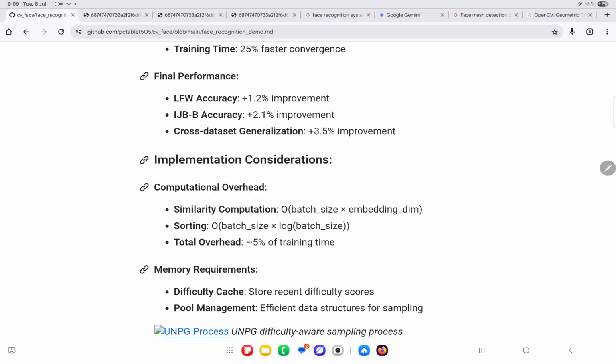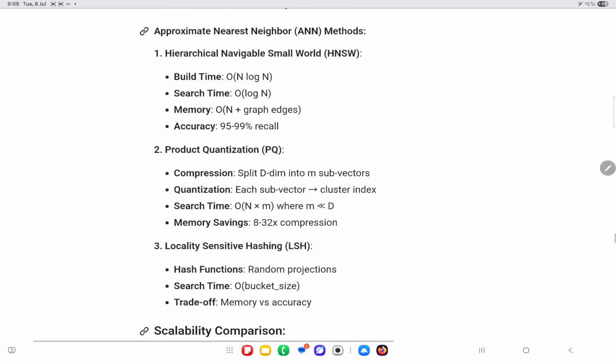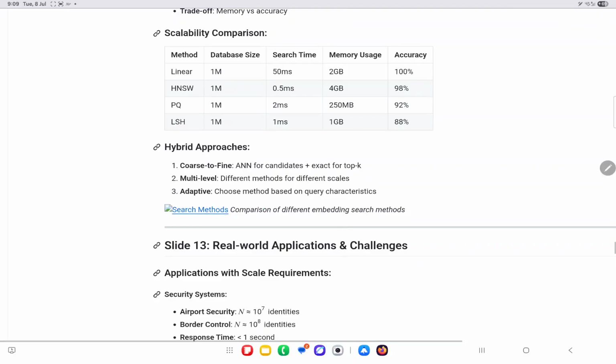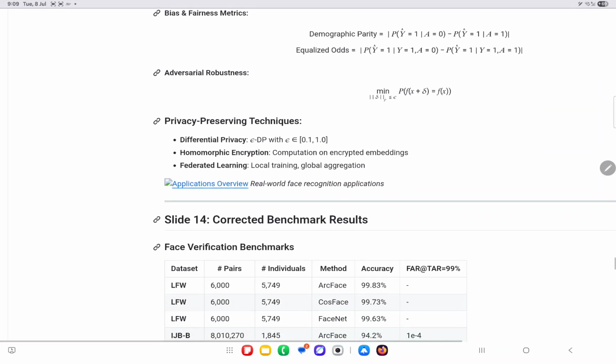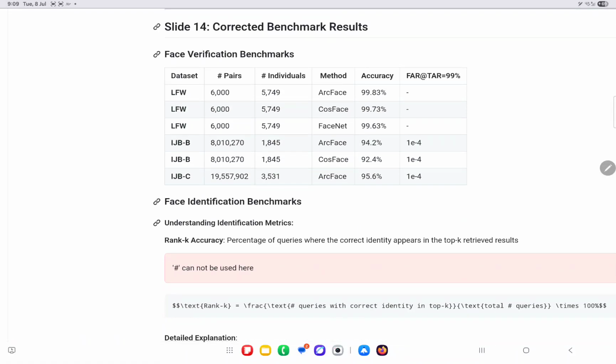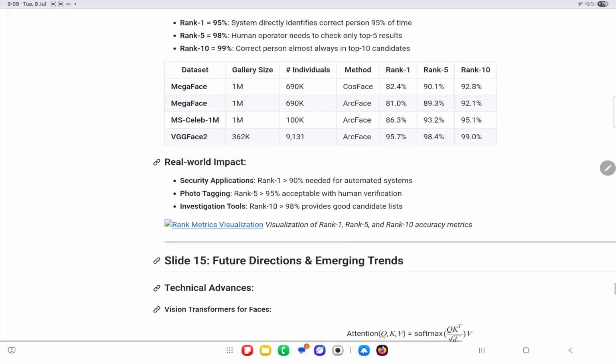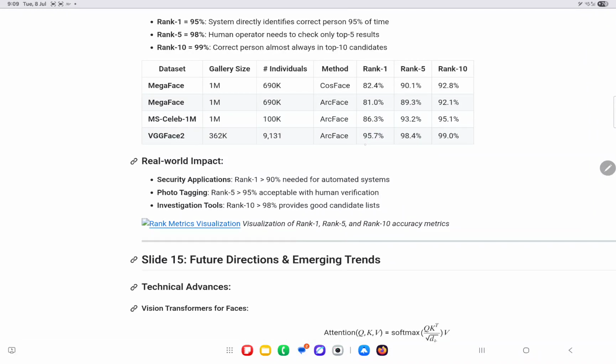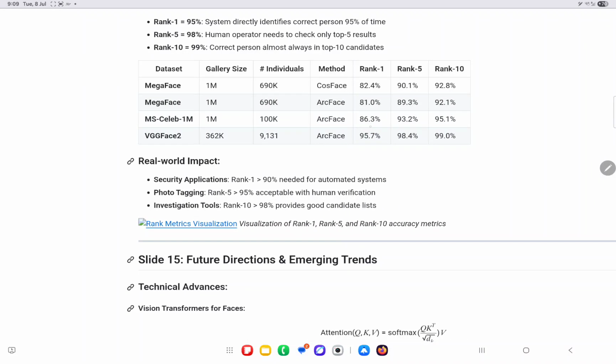And then for face identification the accuracy is enhanced, is very high. On MegaFace they have achieved around 90 plus accuracy using this unified negative pair generation.